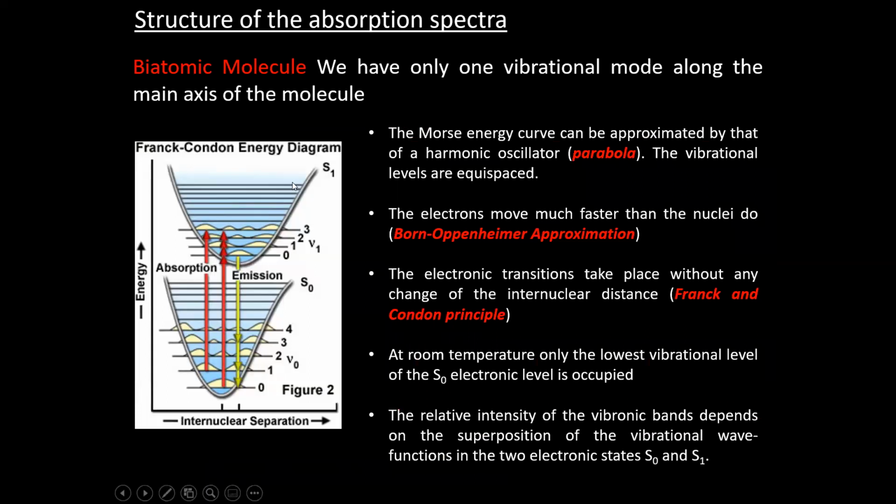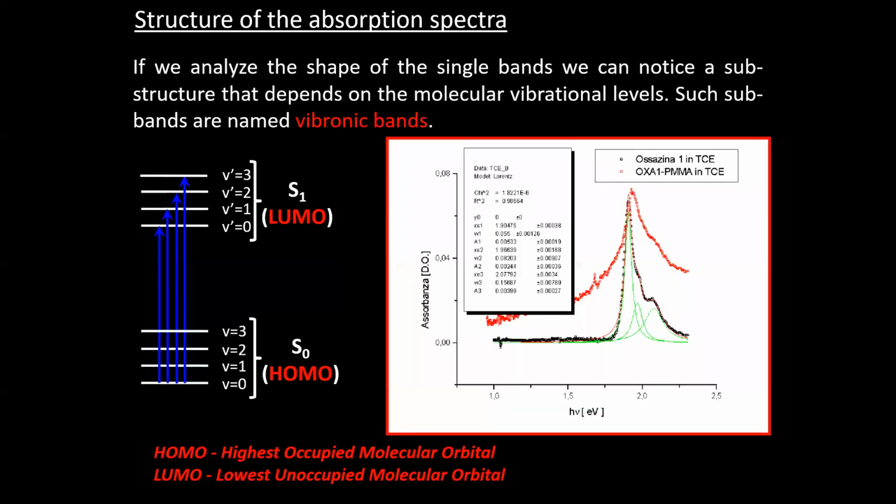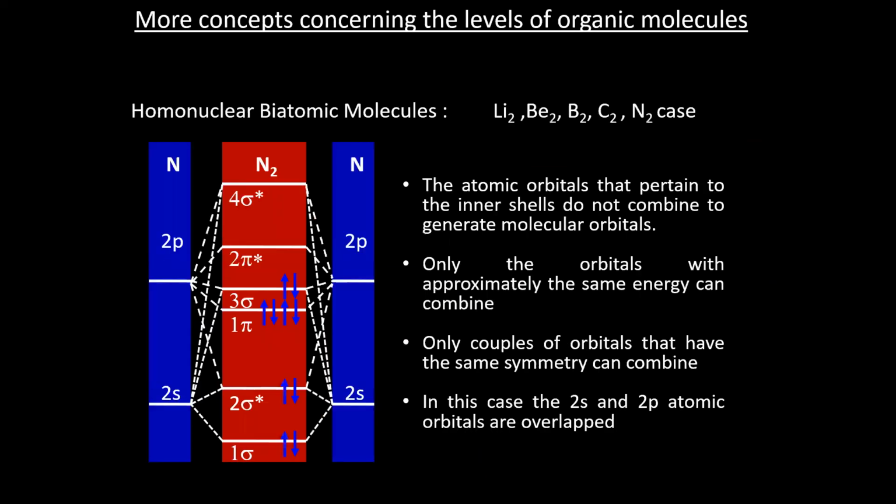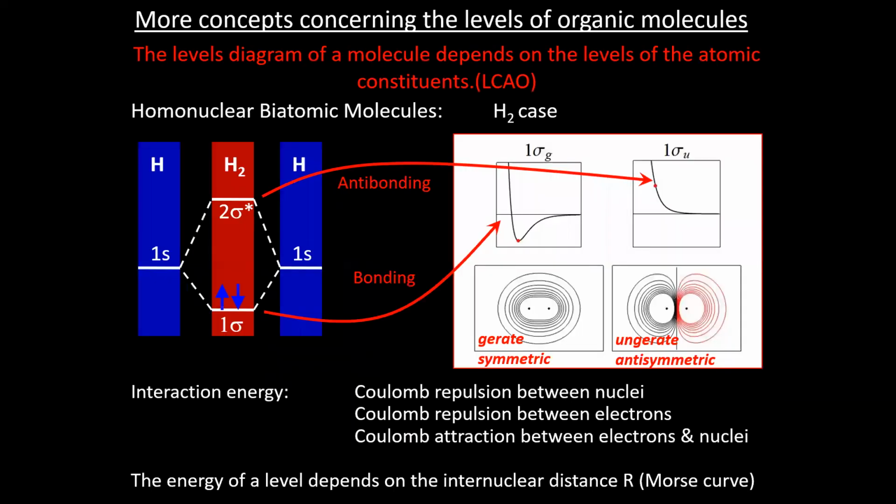What did we say? Let's go back to a previous slide. You remember when we discussed the bonds between homonuclear diatomic molecules. We said that this energy level, that is a bonding level, the energy of this level is described by the Morse curve.